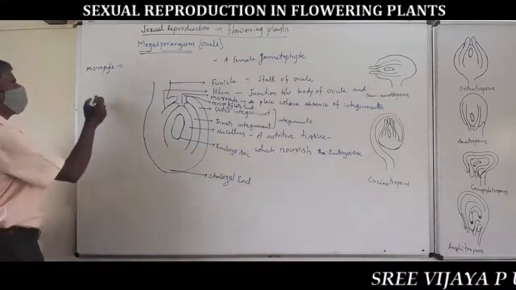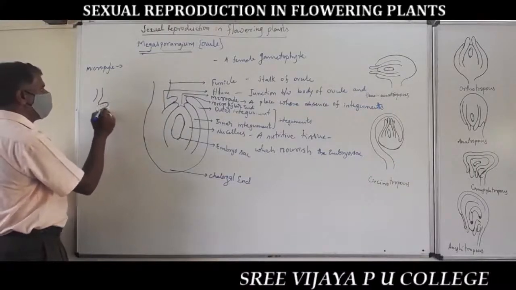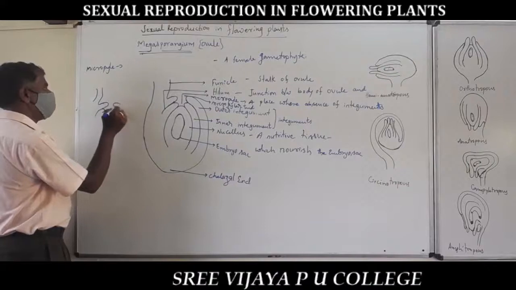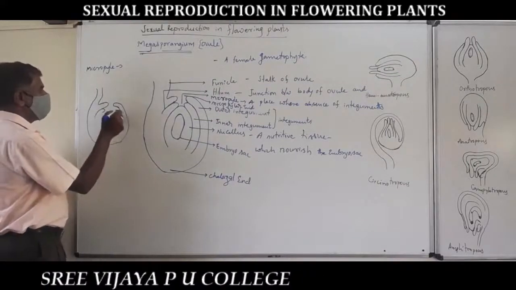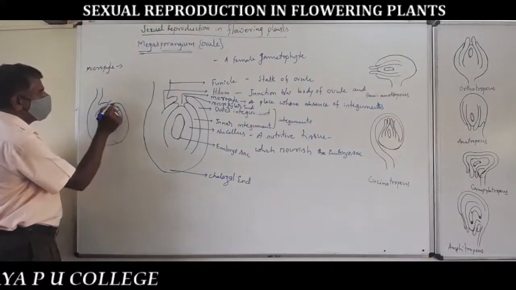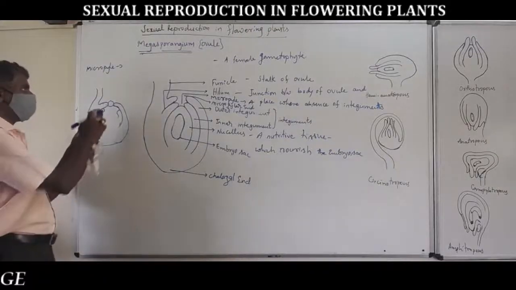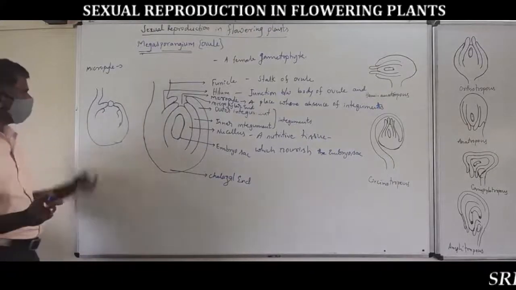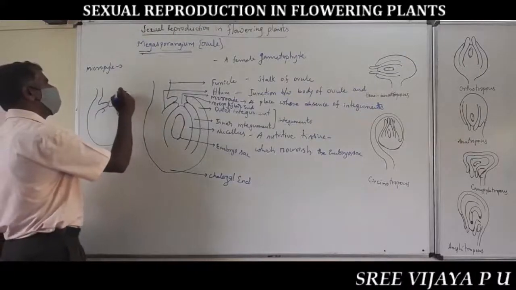For example, here only the outer integument leads to formation of a micropyle. That is a pore formed by the outer integument. This pore is what we call exostome.